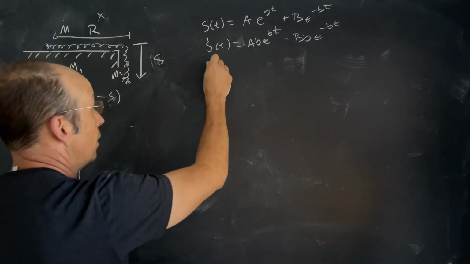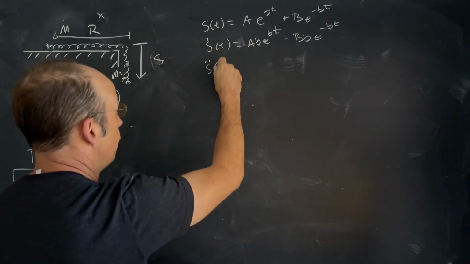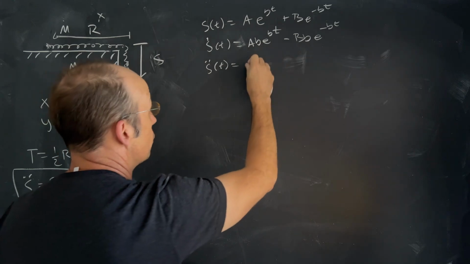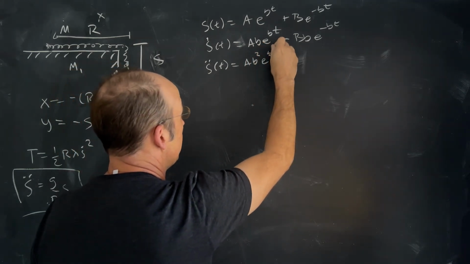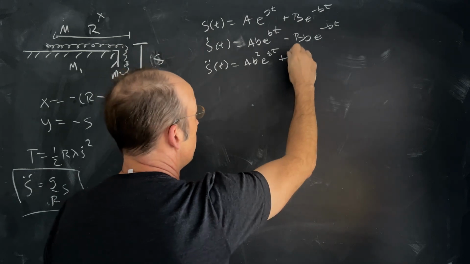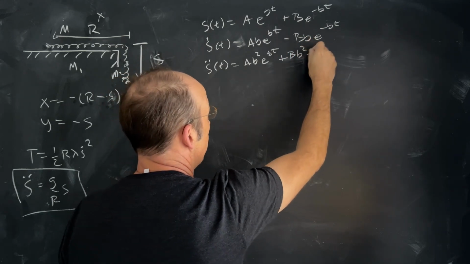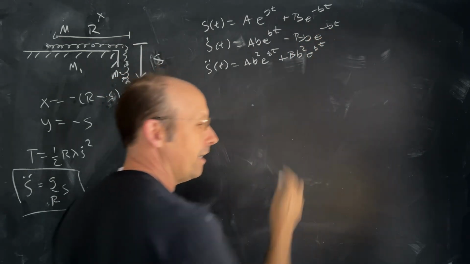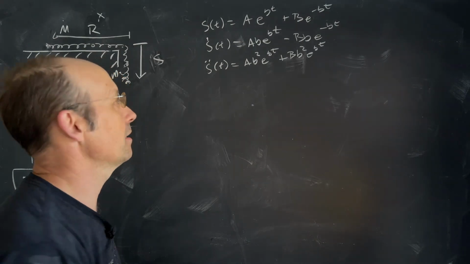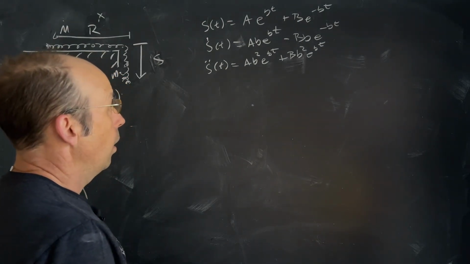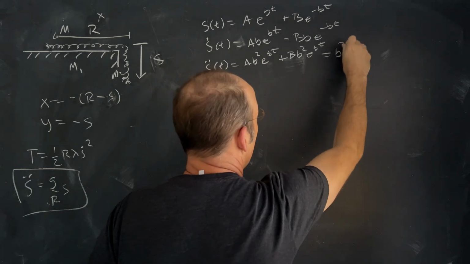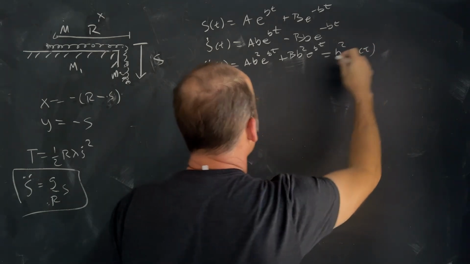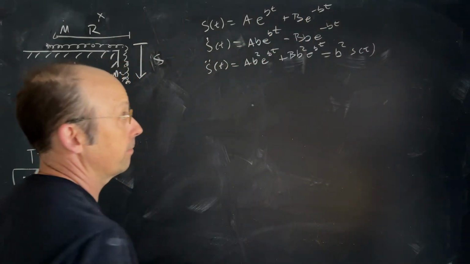And then the second derivative, s double dot as a function of t, is going to be equal to a b squared e to the bt plus capital B b squared e to the negative bt. I like that, e to the bt. It just sounds nice, doesn't it? Well, this is b squared times s as a function of t, because I got it back.